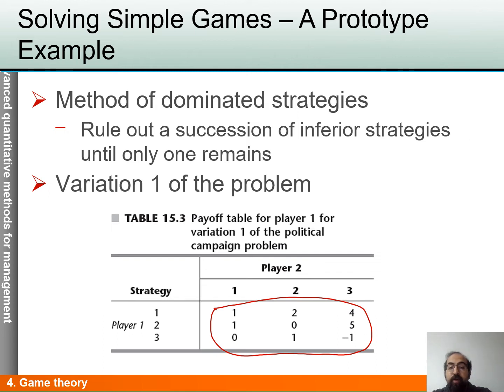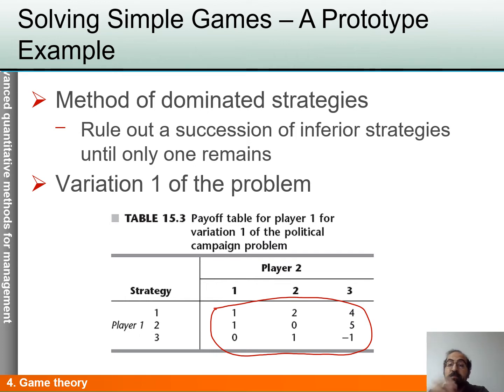As you see here, for example, this number 4, that means player 1 selects strategy 1 while player 2 selects strategy 3. Sorry, player 1 strategy 1 and player 2 strategy 3. So what is the meaning of number 4? The meaning of number 4 says player 1 wins 4,000 votes and player 2, by selecting strategy 3, loses 4,000 votes.